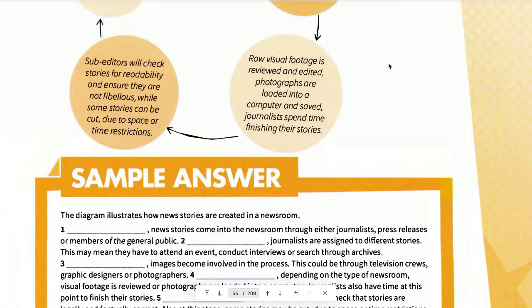When you say raw visual footage, that means the original footage, or the thing you just take out immediately from your camera. Footage is like recording. You use your camera and you film something, you record something. That is the footage.